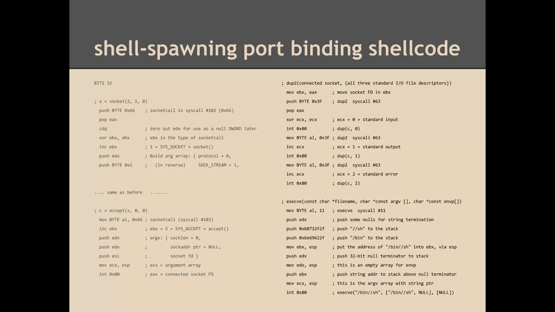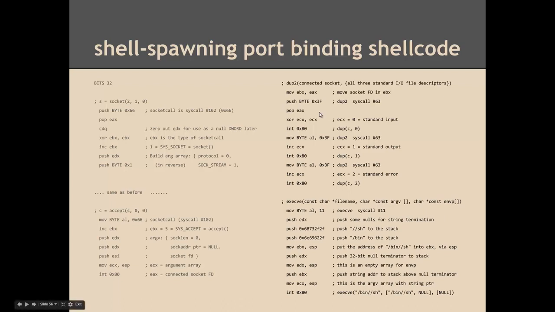So this line of code, push just the byte 3F onto the stack and then pop it, is a fancy way of getting around the null bytes that might occur, since mov EAX, byte 3F would probably have a lot of null bytes.